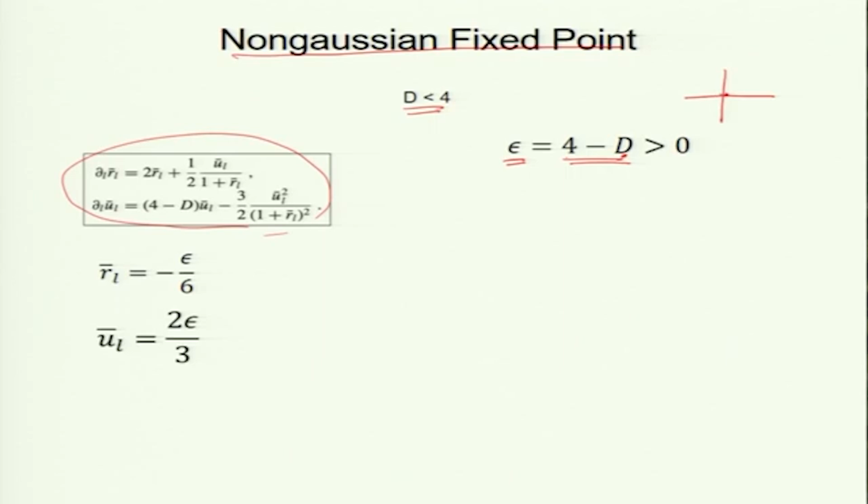So this fixed point becomes unstable. That means, wherever I start around the origin, I am just going to be pushed away. I am not going to go towards this fixed point, I just go away. So this fixed point is uninteresting, actually unimportant for d less than 4. For 3 dimensions, you cannot use that fixed point property.